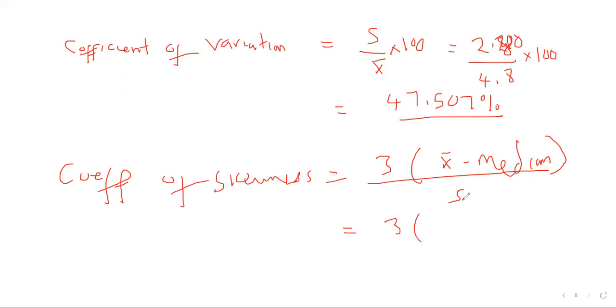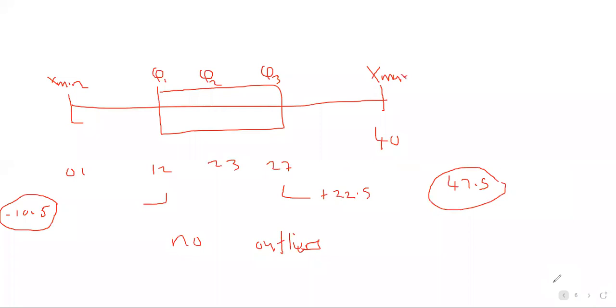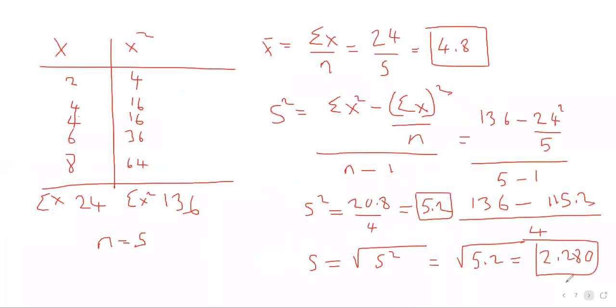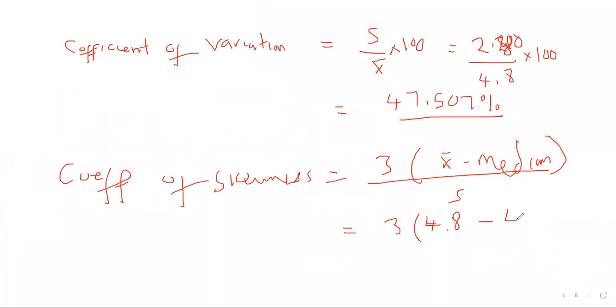So our mean is 4.8, and our median, we found it as what? The median was Q2. We found our 4 here. If the median is wrong, you're also going to get it wrong here. And our standard deviation is 2.28.